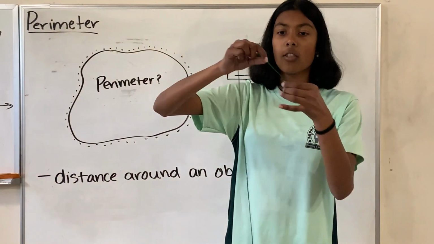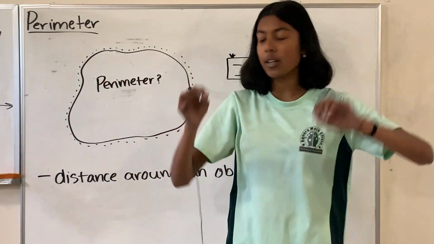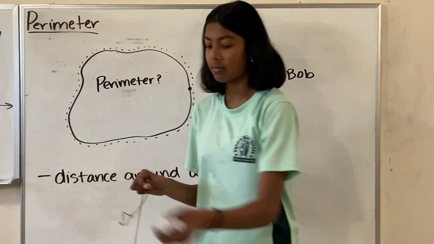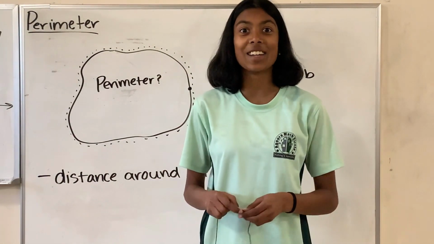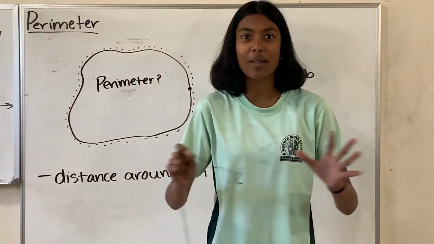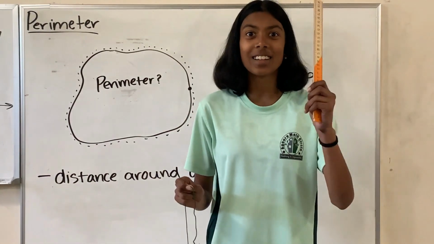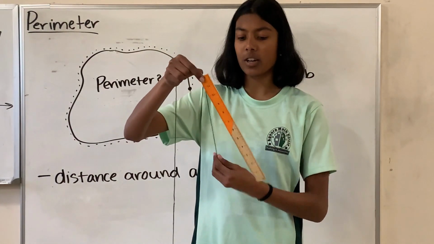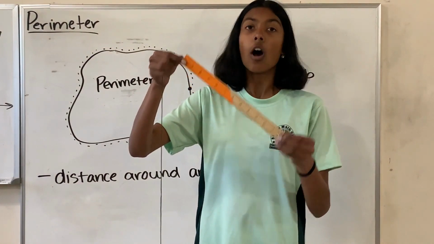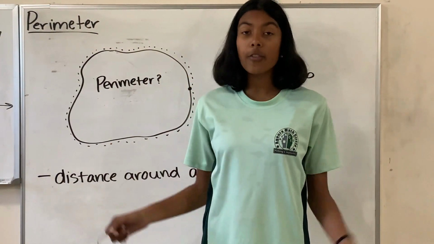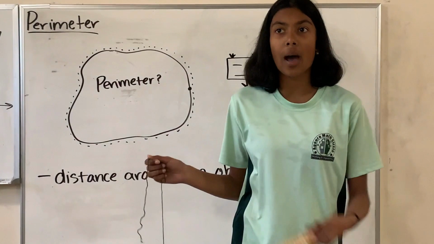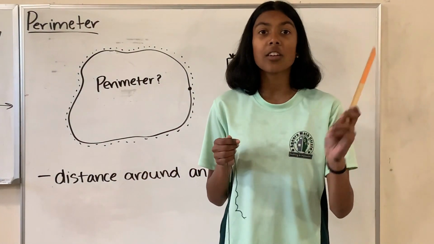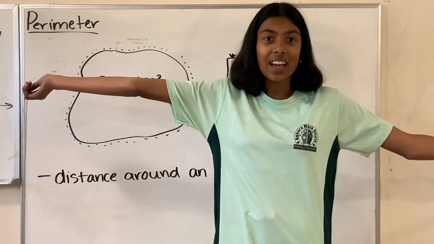So that's how long the perimeter is. So now let's measure it. I'm going to take the ruler, which I dropped again, and by magic, I'm going to get it back. Ta-da! And when we measure it, we get that it's 30 centimeters. So therefore, the perimeter of my whiteboard eraser is 30 centimeters.